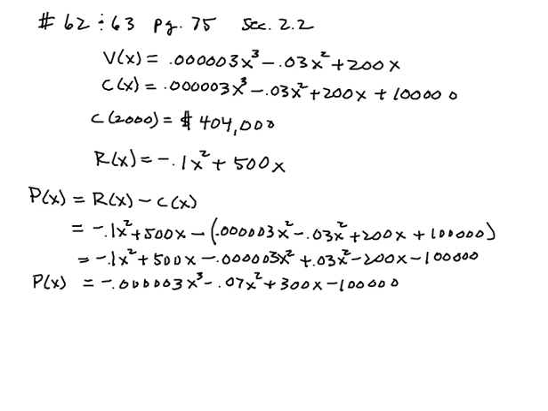Now the last question is, what is the profit when 1,500 units are produced and sold? 1,500 produced has a cost, and if they're all sold, that will give me a total revenue using the R function. And I'm just going to be evaluating to get that profit, then evaluate my profit function at 1,500.